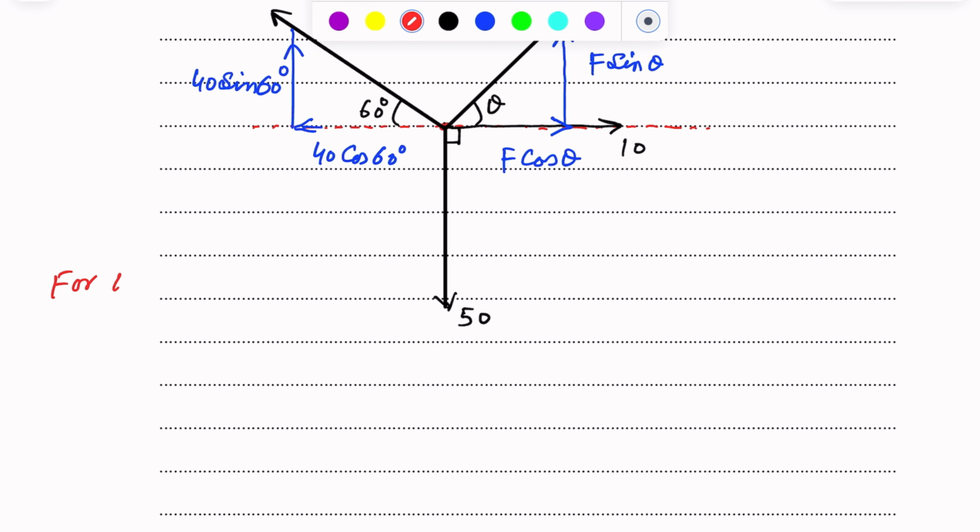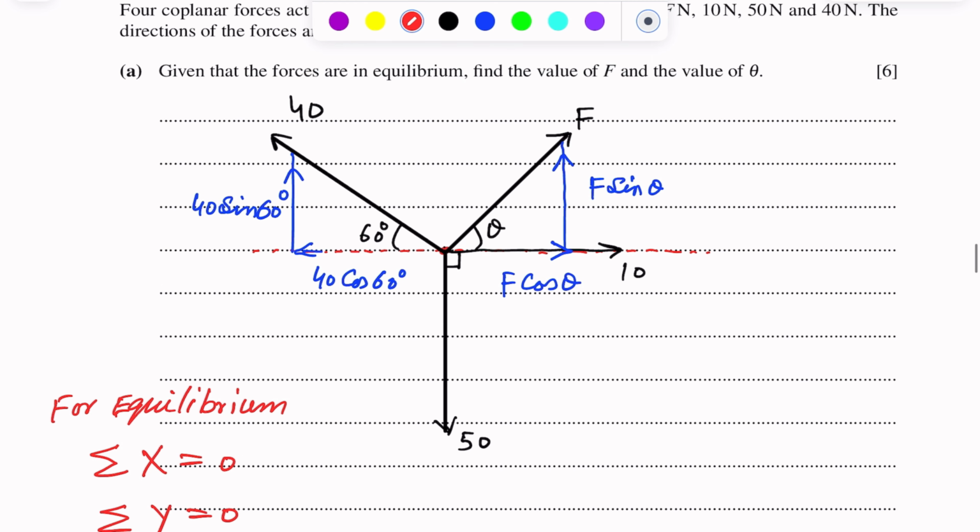For equilibrium, the sum of forces along the x-axis is 0, and the sum of forces along the y-axis is 0. So forces along the x direction: 10 plus F cos theta, and minus 40 cos 60 degrees, because the direction of this component is opposite to the 10 Newton force and F cos theta.